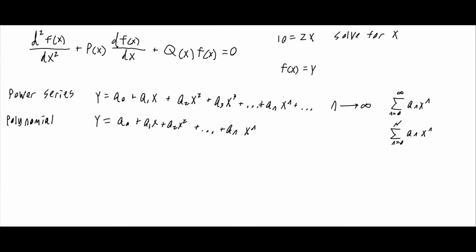Like I said, this was just a side tangent, but I find that when you're looking into the difference between a power series and a polynomial, a lot of math books and so forth use a lot of fancy language. Essentially a polynomial is just a power series that terminates at some point.